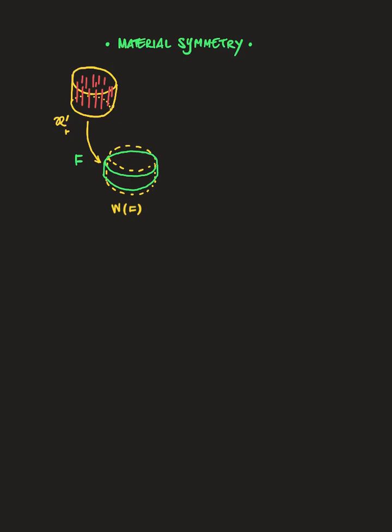The idea behind the experiment is the following. I take the reference configuration, and before subjecting it to my given state, which is characterized by F, I pre-rotate the reference configuration. This is conceptually the difference. So let me pre-rotate it. I copy it, take my reference configuration and rotate it in this way.